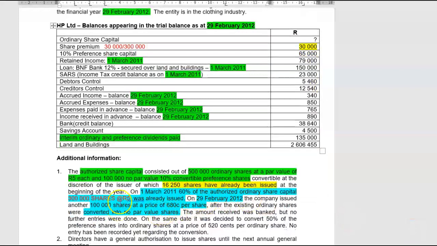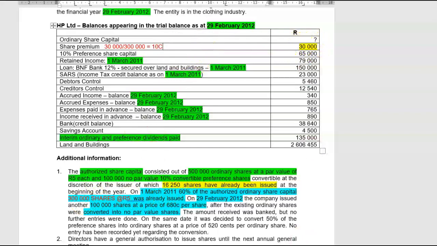Further shares were only issued after the par value shares were converted into no par value shares. So that 30,000 belonged to those shares in issue right at the beginning of the year. So that means that those shares were actually issued at a premium of 10 cents per share. 300,000 shares multiplied by 10 cents a share would have given us 30,000 Rand.